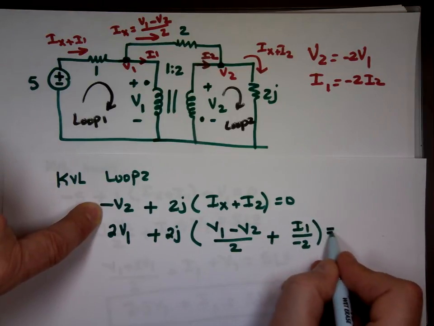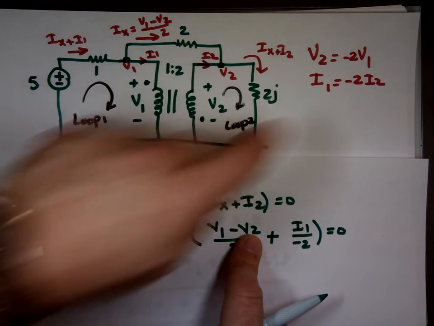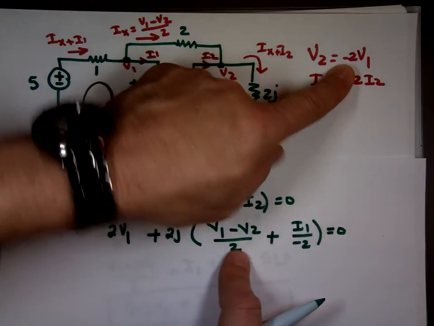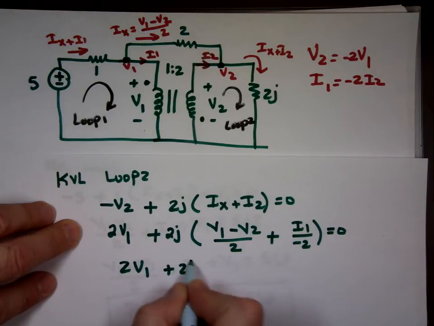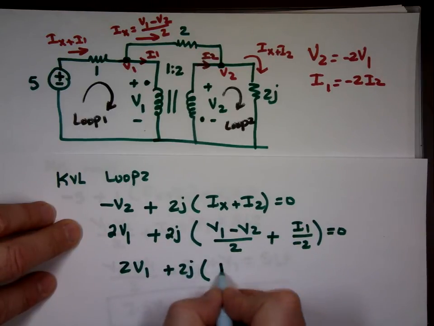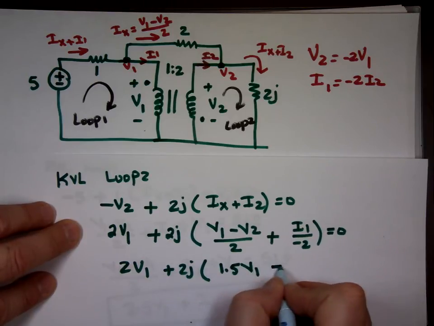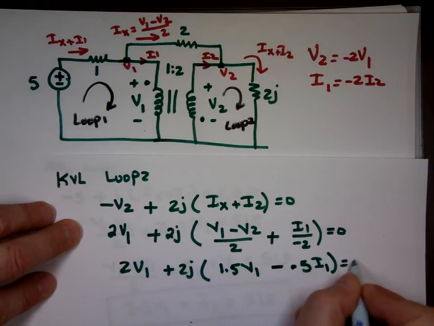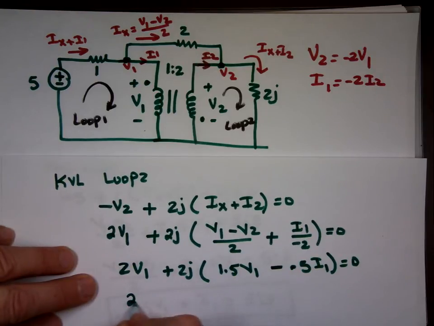And the only thing still in my way is that V2. But V2 is equal to what? Negative 2 V1? So that'd be 3 over 2. Yep. That's 1.5 V1 minus 0.5 I sub 1, 2 V1 plus, what's that? 3j?